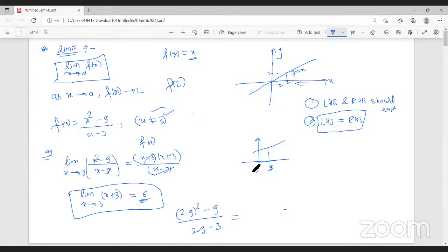How can math determine what x tends to? Why is this x tends to 3? I don't understand. No, my function is not defined for this particular value, so I am just taking an example. When x tends to 3, what does the function tend to, right? I will take one example also.